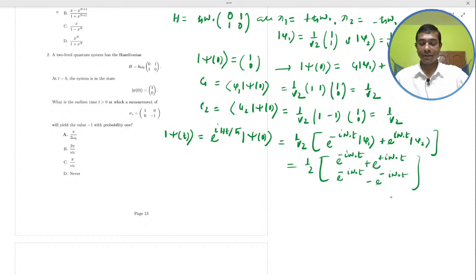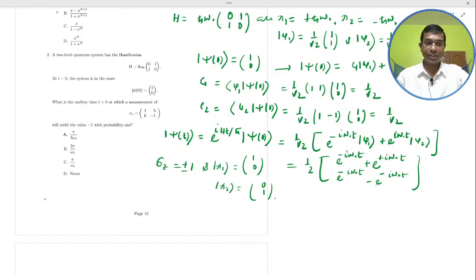The eigenvalues and eigenvectors of sigma z: eigenvalues plus minus 1, and eigenvectors ket chi 1 equal to (1, 0) and ket chi 2 equal to (0, 1).